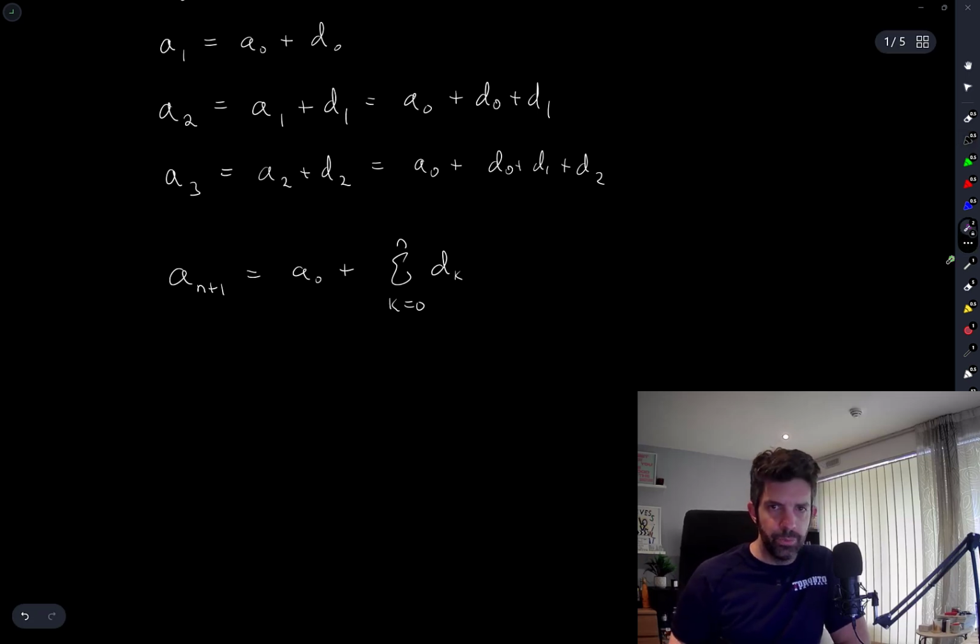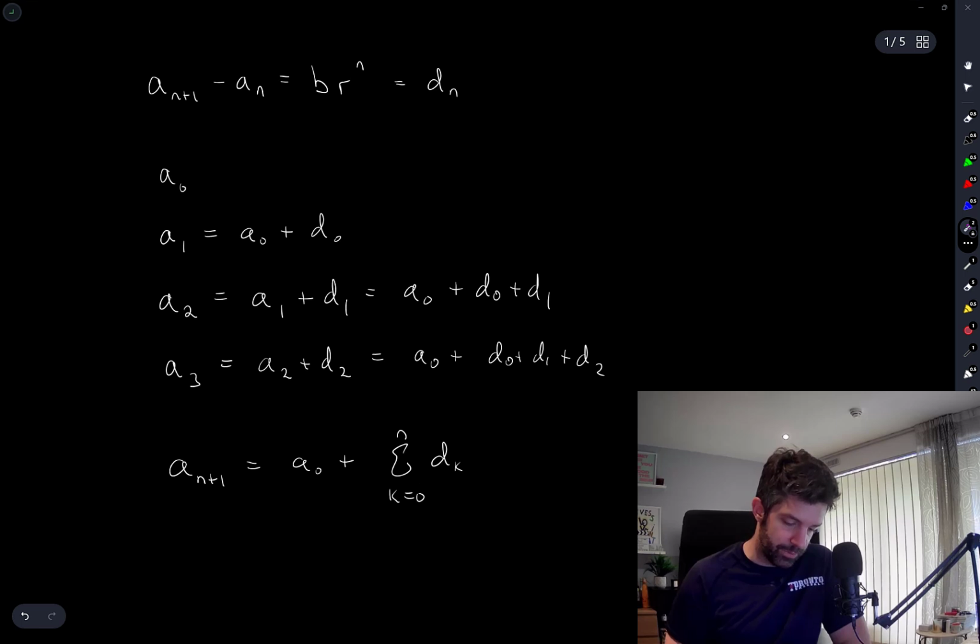And so we're asked to write a_n like this somehow. I have a formula for d_k given by this, and because these numbers are a geometric sequence, this is just a geometric series which we have an expression for.